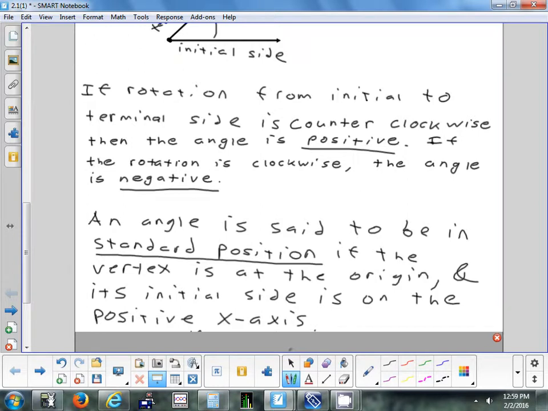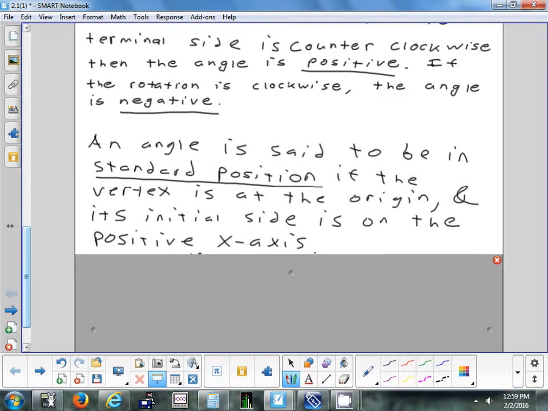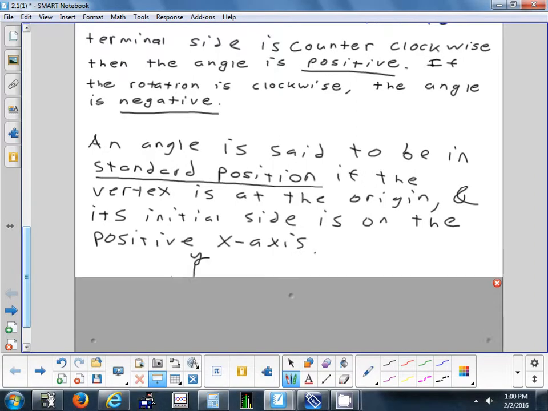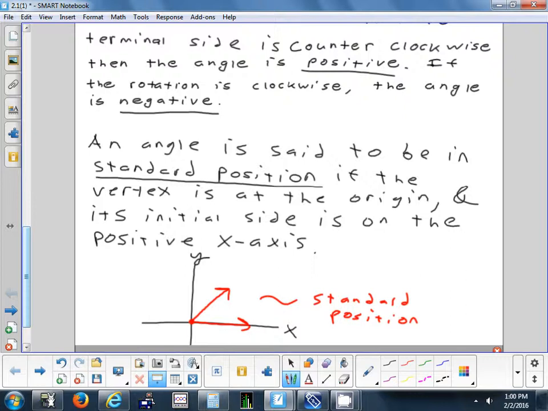Second thing that has to happen, the initial side has to be on the positive x-axis. So vertex at the origin, initial side on the positive x-axis. That's an angle in standard position. It fits both criteria that I just said.